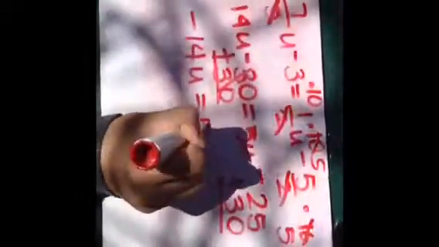To isolate the variable, we add 30 to both sides of the equation. We then get negative 14u equals 5u plus 5.